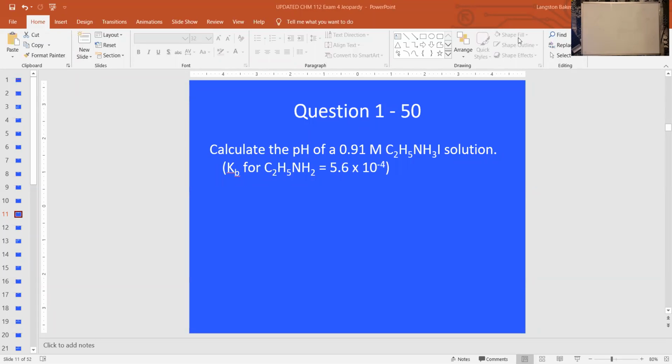So what do we have? We want the pH of a 0.91 molar. Is chapter 19 on the exam? Yeah, it's everything up to the Nernst equation. So like the stuff where we started doing just regular E°cell, not E°cell naught.